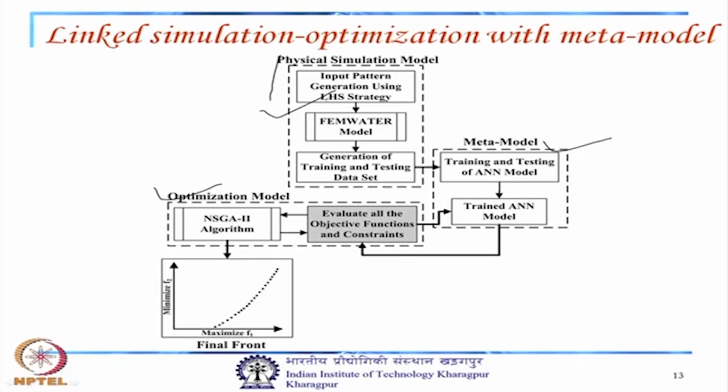Using that, this is Latin hypercube sampling. This is one sampling strategy with which we can generate our input pumping values, and we can input that in FEM water model, and we can generate training and testing data set.